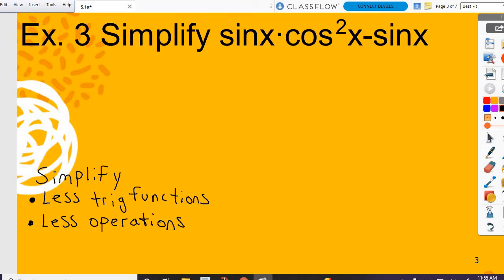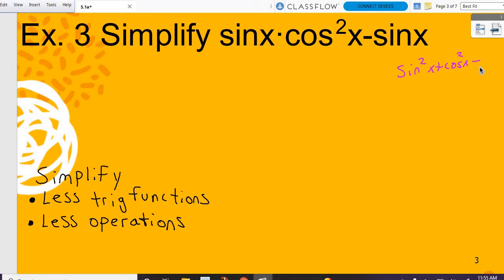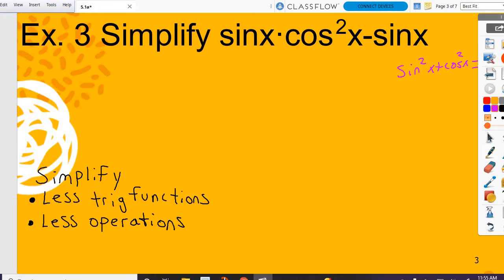So usually when I see a squared, I'm going to want to use my Pythagorean identity at some point. So our Pythagorean identity is sine squared of x plus cosine squared of x equals 1.